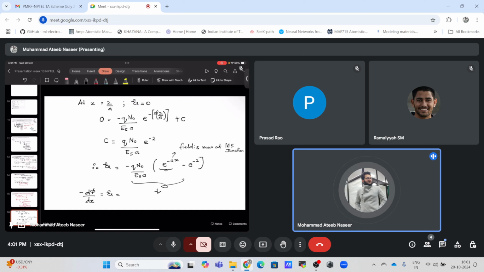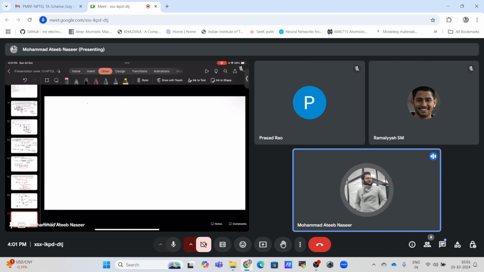If I integrate it, I will get the value of phi, as a function of position, which is simply q times n naught by epsilon s a, integral of this, e to the minus ax minus 2, times dx.